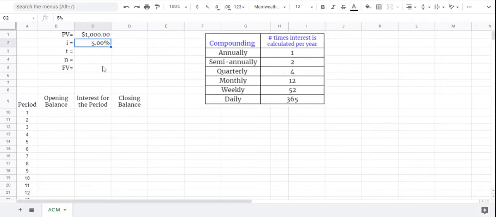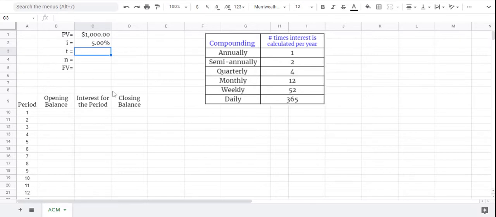Notice, all of a sudden, it's formatted as percent, even though if I look at the value that I entered, it is 0.05. Pretty cool. So if I change this, for instance, and I wanted to have the rate at 6.5%, for example, I would type 0.065, change the format. Maybe I lost the format. There it is, 6.5%. So I'm going to leave this at 5% for the moment.